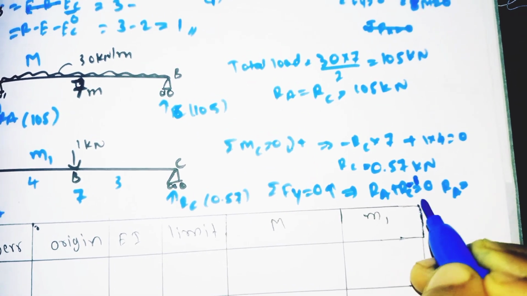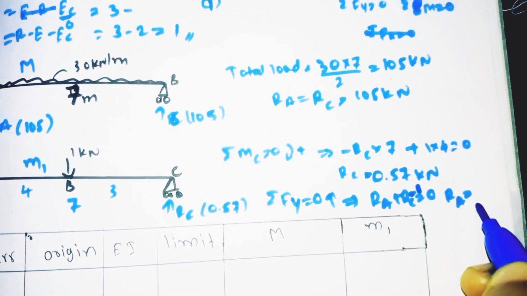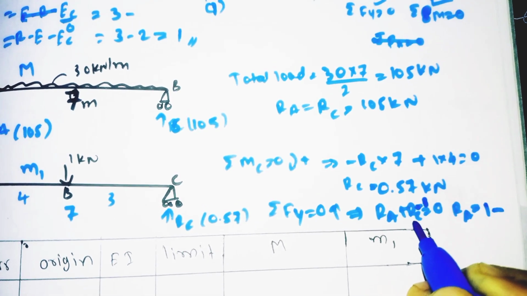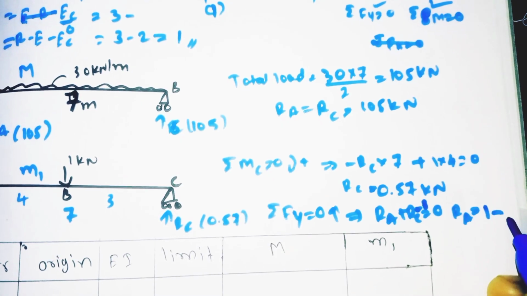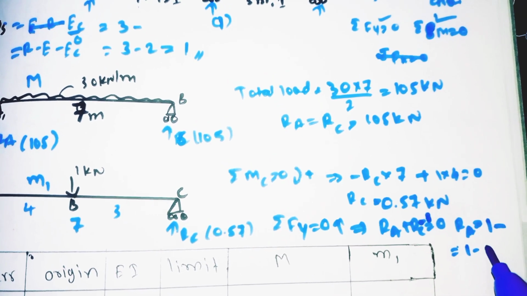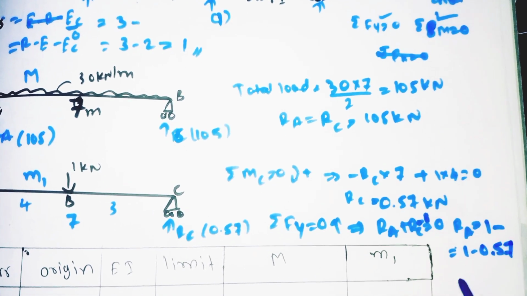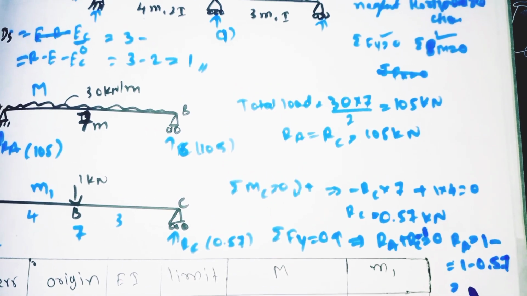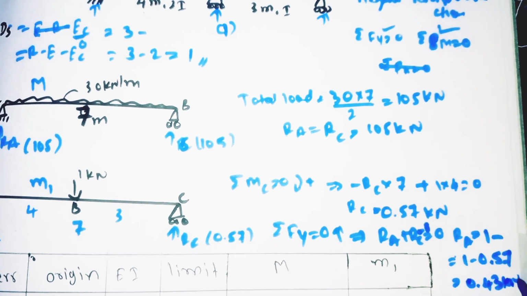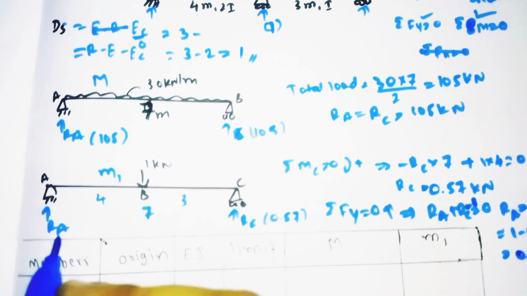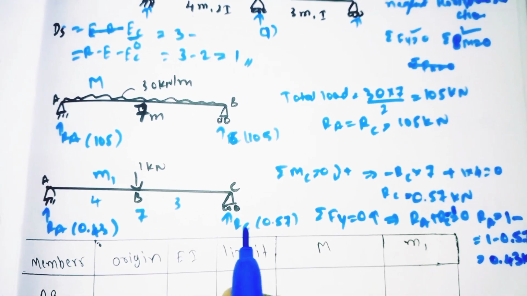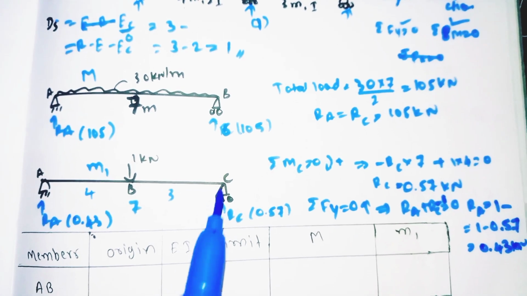So RA is equal to 1 plus 1 minus RC value, if it comes to the right side, it becomes minus 1 minus 0.57. So finally it comes 0.43 kilonewton. So RA will be 0.43. This is how we need to find the reaction for this diagram.